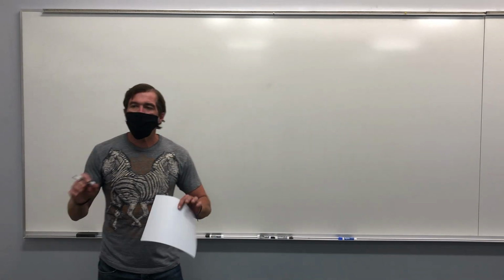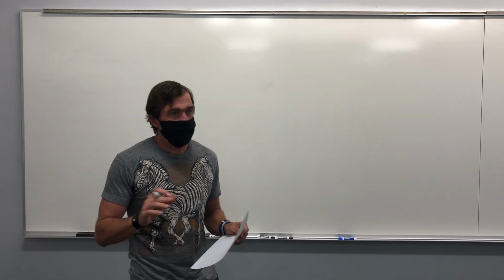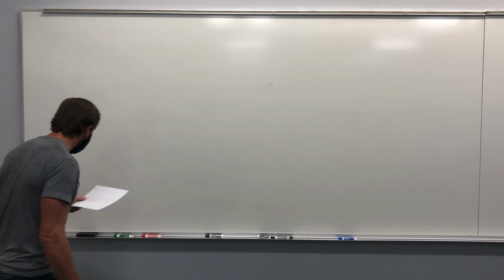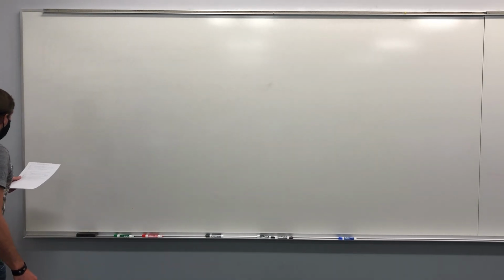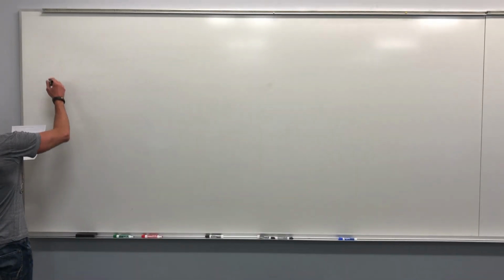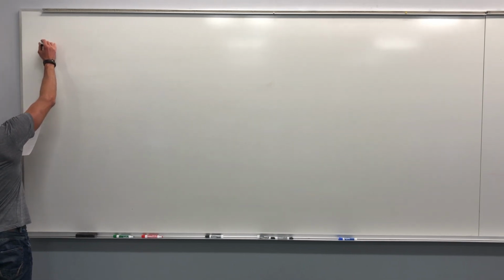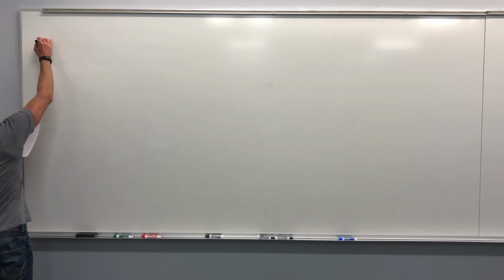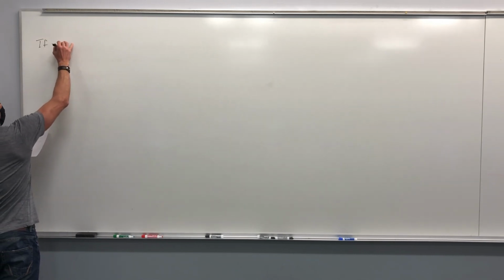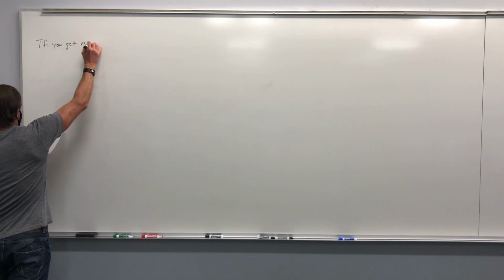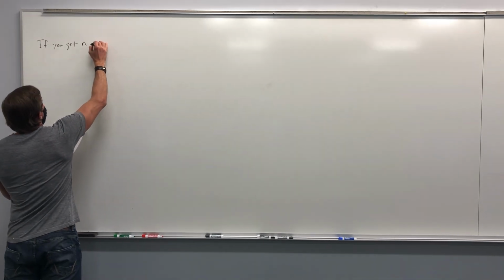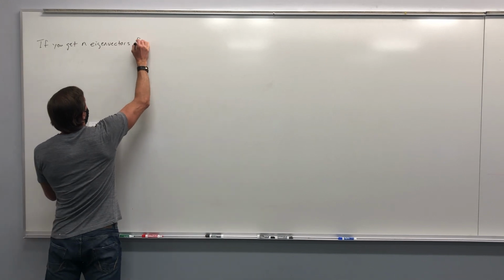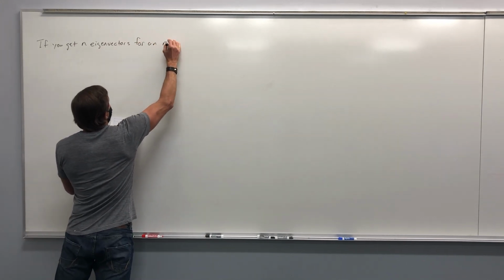All right, so now my question is going to focus on this idea of when can we diagonalize a linear operator, a linear transformation? And I want you to remember, and this actually addresses your question, if you get n eigenvectors for an n by n matrix.